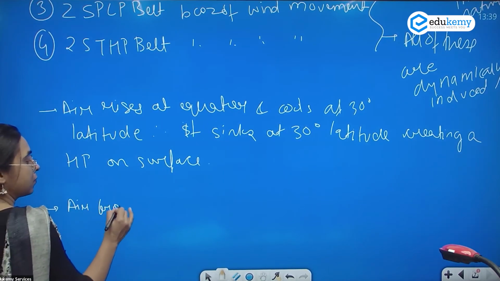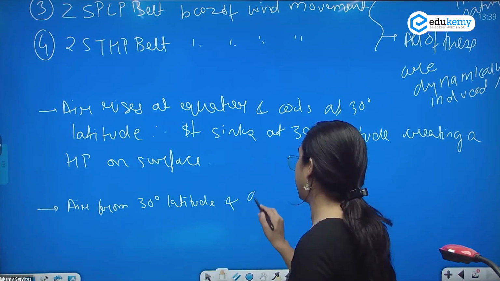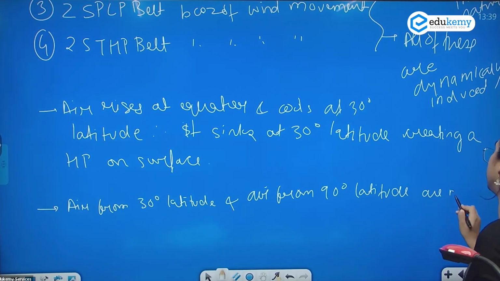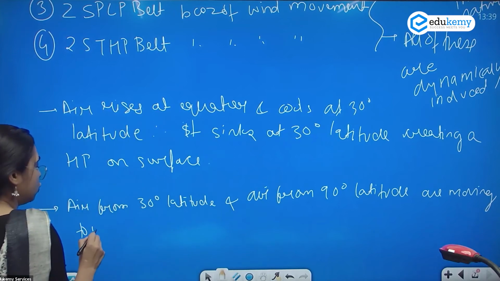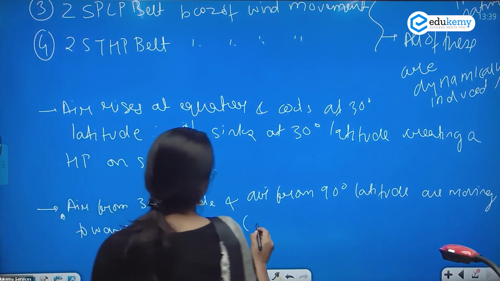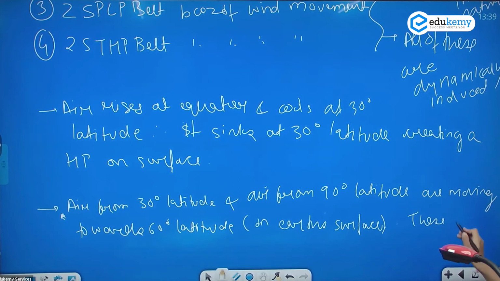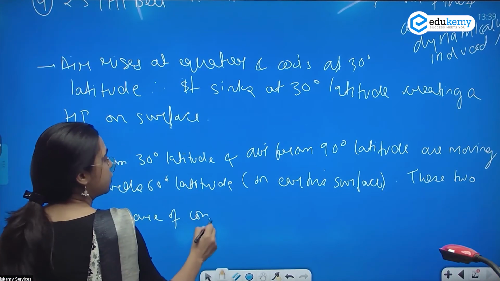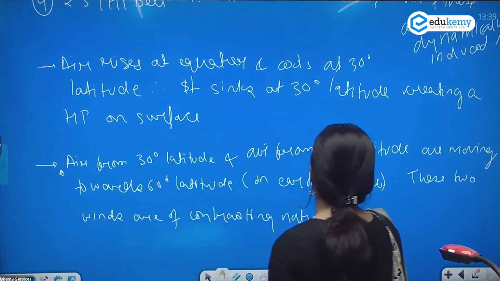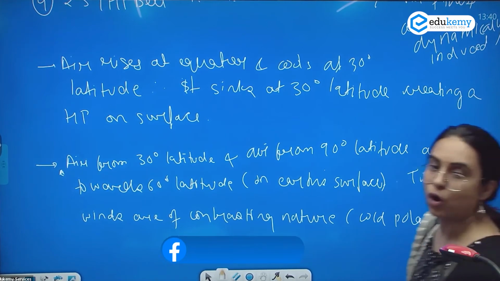Air from 30-degree latitude and air from 90-degree latitude are moving towards the 60-degree latitude, on Earth's surface. These two winds are of contrasting nature: cold polar winds and warm tropical winds.